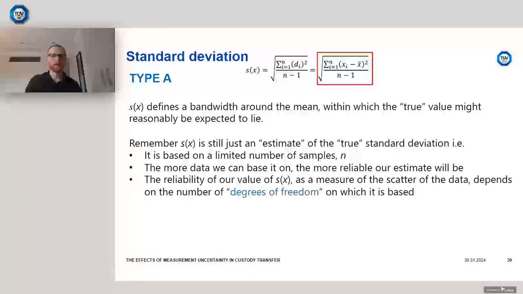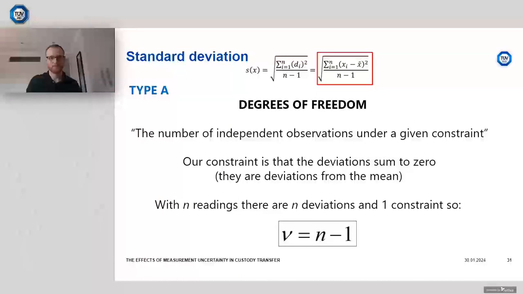And essentially, how reliable it is depends on the degrees of freedom on which it's based. So in terms of degrees of freedom, that is what our n-1 term is in our denominator. It's defined as the number of independent observations under a given constraint.